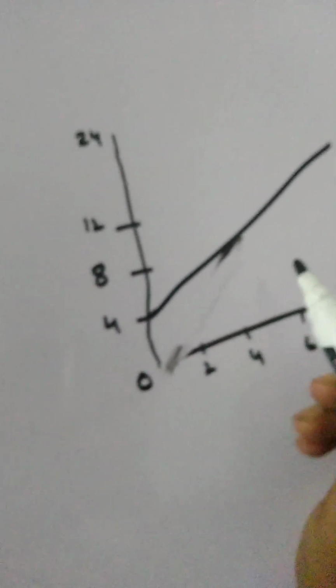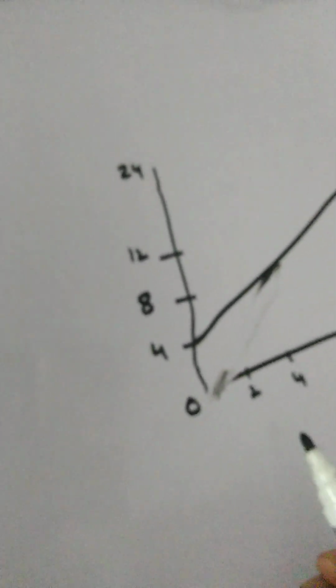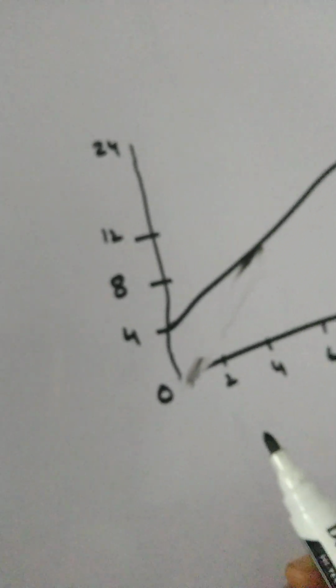Okay, now this is the graph. It says that a car is moving on a straight road with a uniform acceleration.